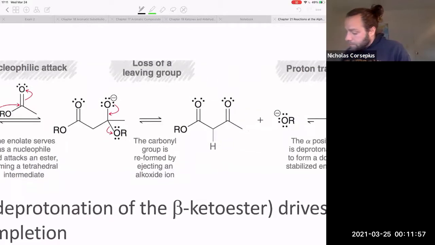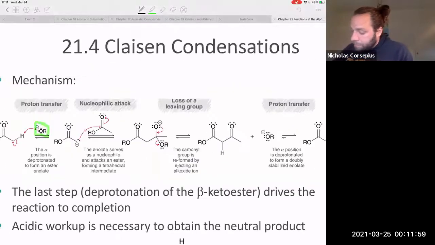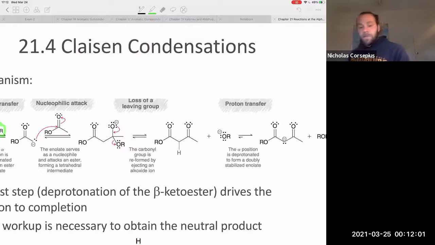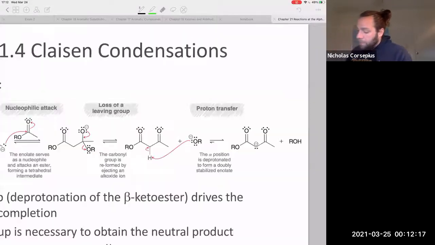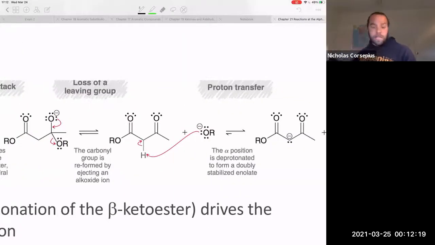There is one extra step that happens because we have this 1,3-dioxo that's formed. We know that the alpha hydrogen in the middle there is quite acidic. And so that alkoxide ion will then pluck off that hydrogen. This is actually an important step in ensuring that you have a lot of product that's formed, because it's the only step in the reaction that greatly favors the formation of the product.